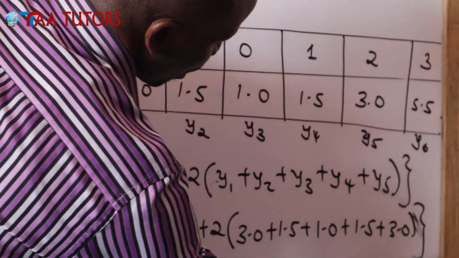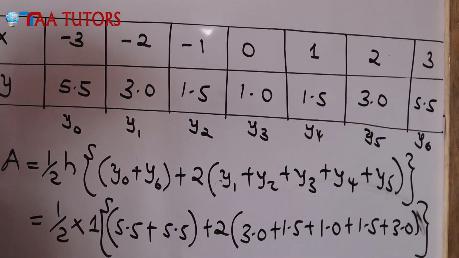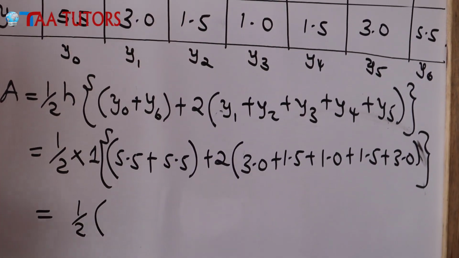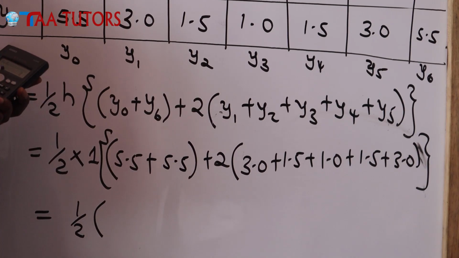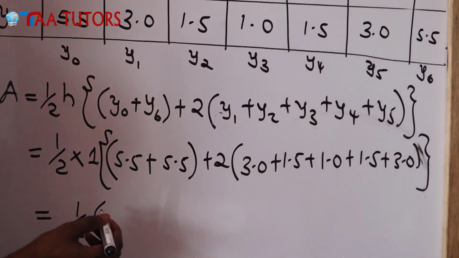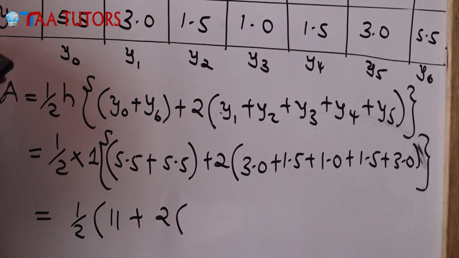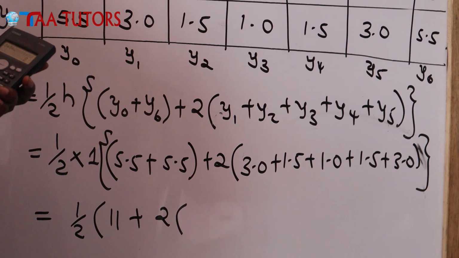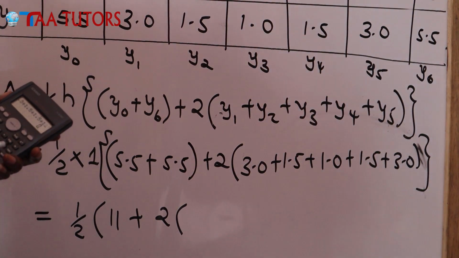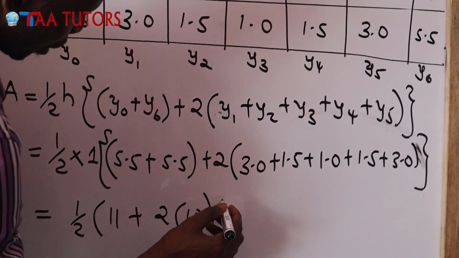We close the bracket down. So let's go. Half times 1 is a half times 5.5 plus 5.5 is 11 plus 2 into 3 plus 3 plus 1.5 plus 1.5 plus 1 is 10. So 10 there.